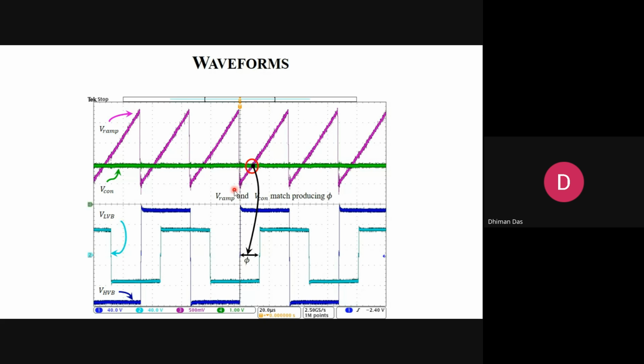Now if you swing a control voltage in between this ramp, when this green signal cuts the voltage ramp, it generates a phase shift of phi. If you increase the control voltage, that means the amplitude of the green line, the corresponding phase shift is this.